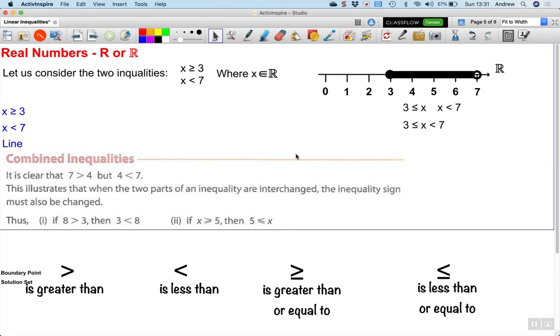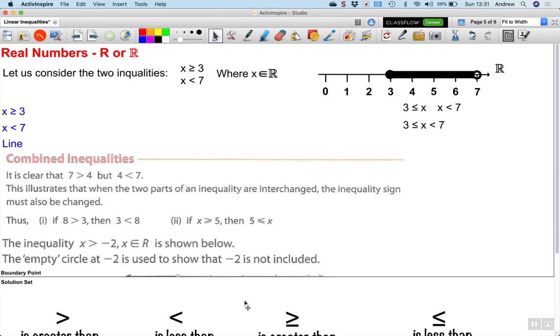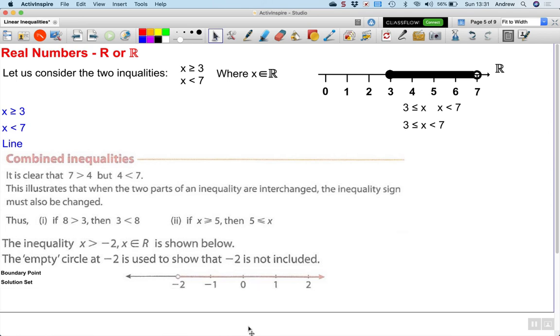Finishing this off, we're looking at the inequality x is greater than -2, where x belongs to the set of real numbers, is shown below. Let's have a look at the boundary point. The empty circle at -2 is used to show that -2 is not included in the answer.